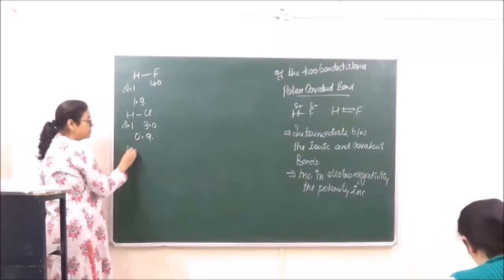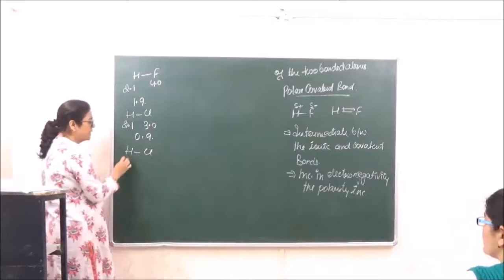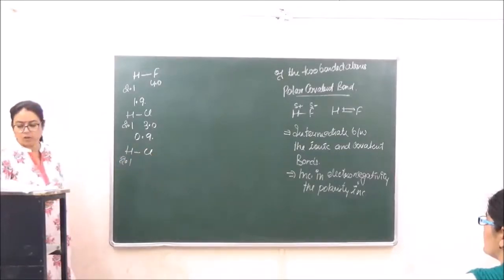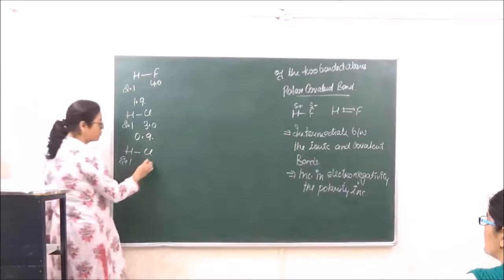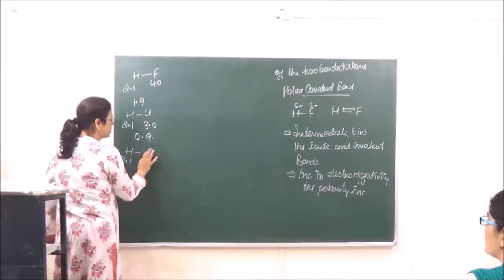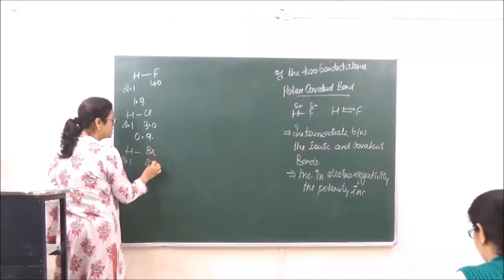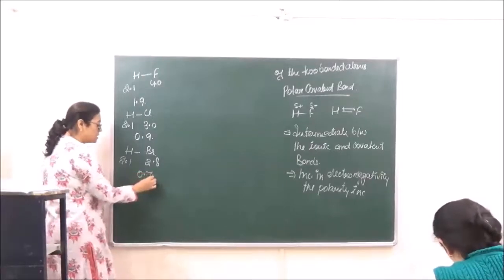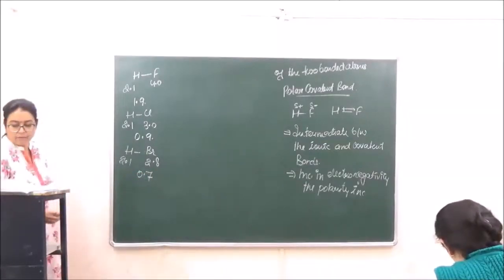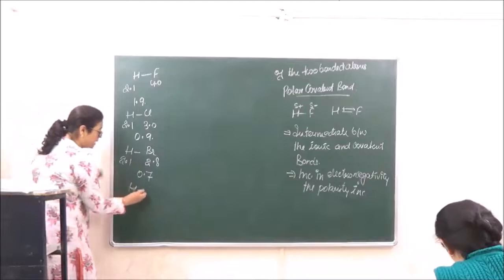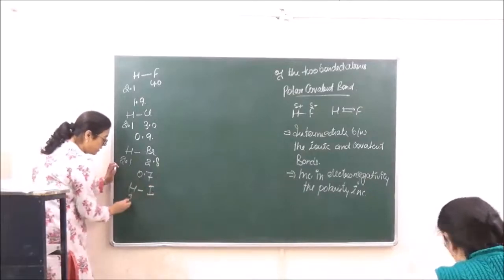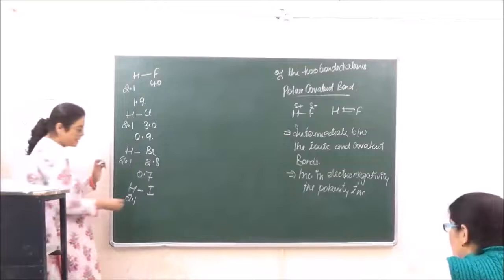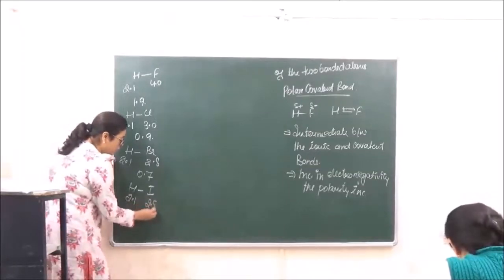Then for HBr, the electronegativity of hydrogen is 2.1 and that of bromine is 2.8. So the difference here is 0.7. And for hydrogen iodide, the electronegativity of hydrogen is 2.1, whereas that of iodine is 2.5.